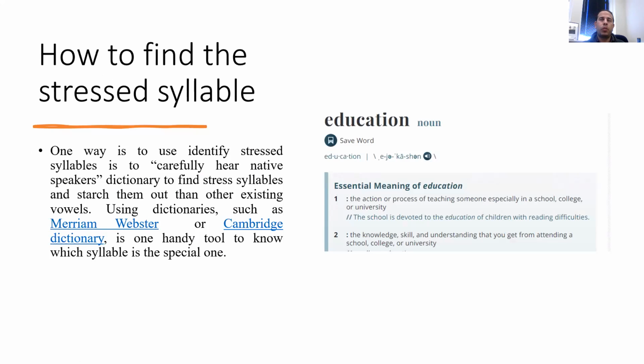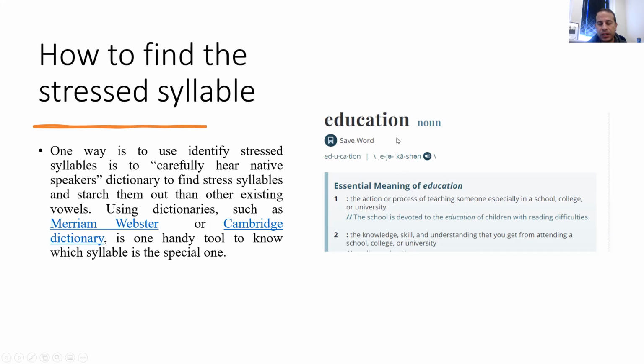So how can we know where the stressed syllable is? One easy way to find the stressed syllable is to use dictionaries. Any kind of dictionary, like Merriam-Webster, Cambridge, Oxford, Longman, all of these. Just write down the word and try to find out where the apostrophe is. Whenever you find the apostrophe, it means the syllable that has the apostrophe is the stressed one.